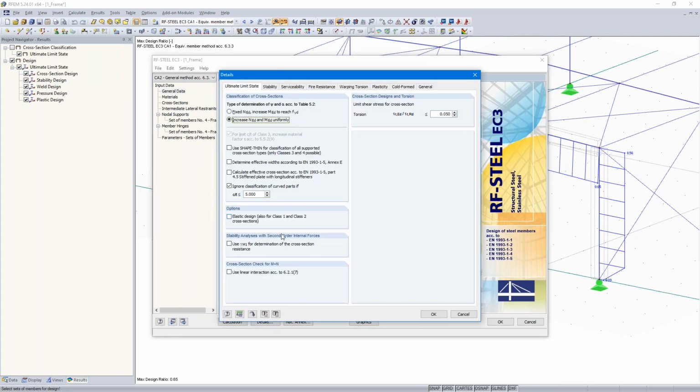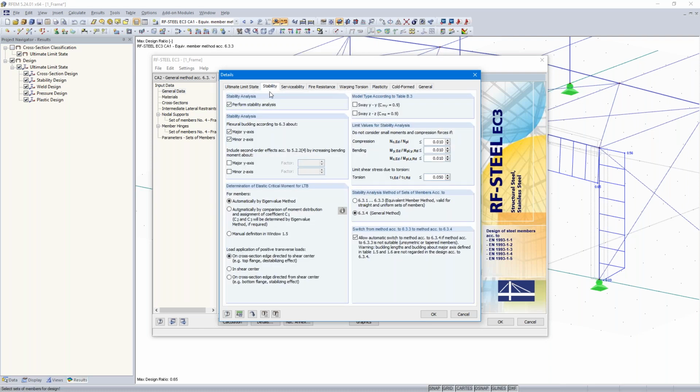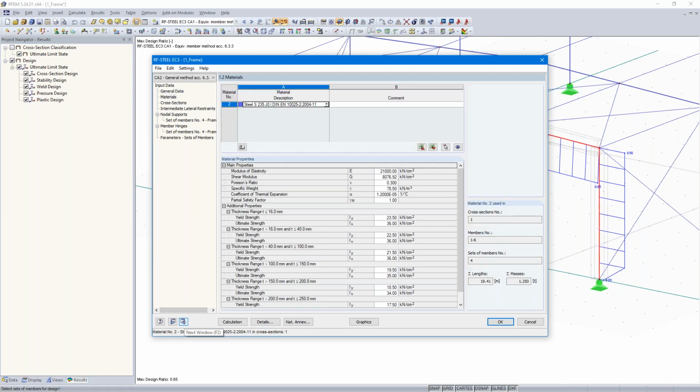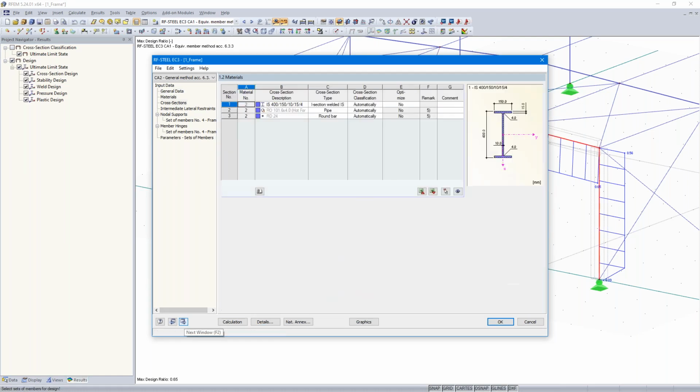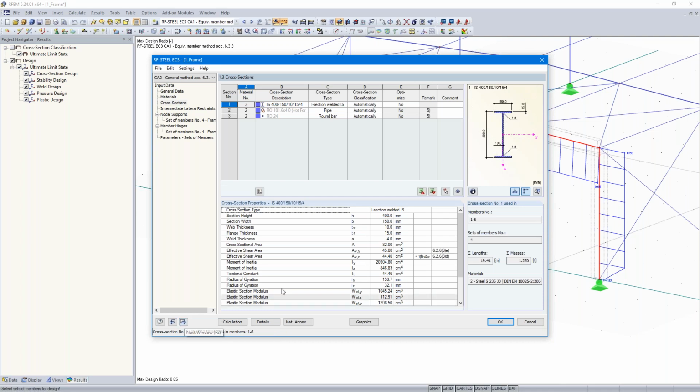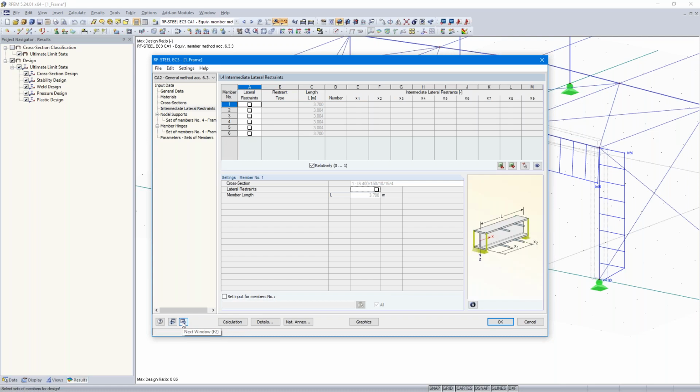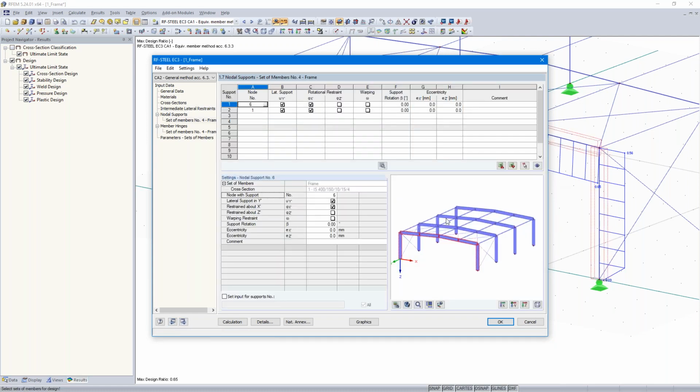Detail settings. Yeah, we do a plastic design, and for the stability analysis, we apply the general method. Okay, we can skip those dialogs. We can also skip the intermediate lateral restraints. We define all here in the set of members.